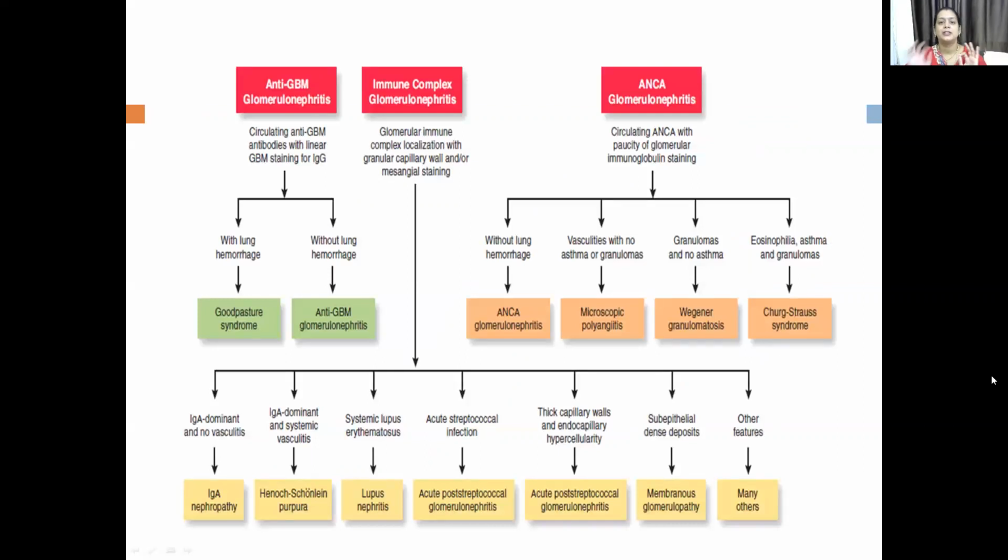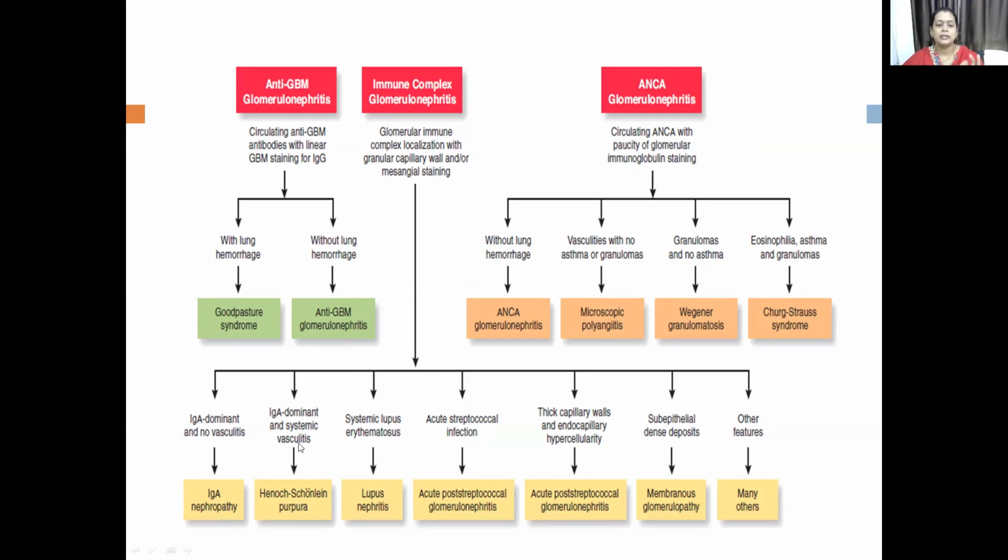So here, this is a classification to know what kind of rapidly progressive glomerulonephritis is defined by 3 types. One is anti-GBM glomerulonephritis, that is either associated with lung hemorrhage, Goodpasture's, or without lung hemorrhage, just renal limited. The immune complex nephritis: IgA dominant without vasculitis is IgA nephropathy.